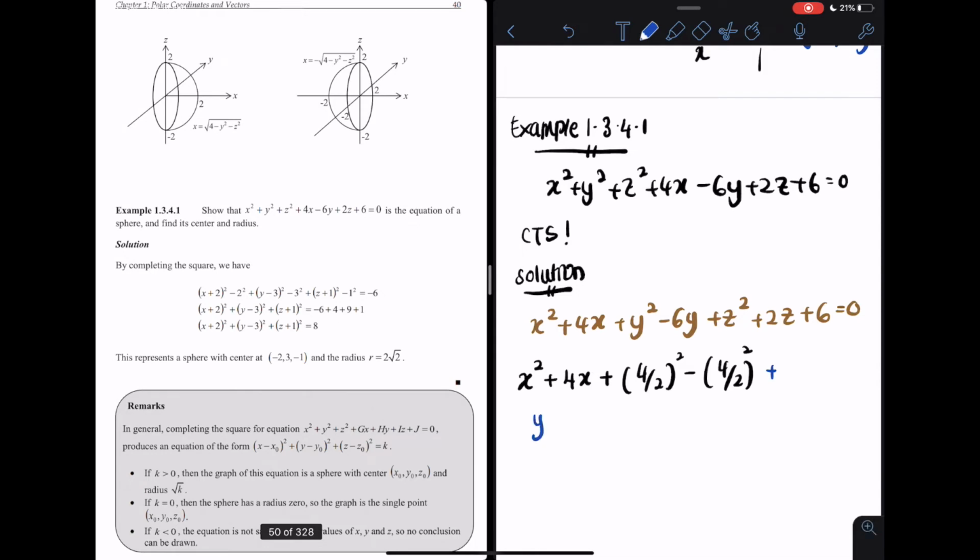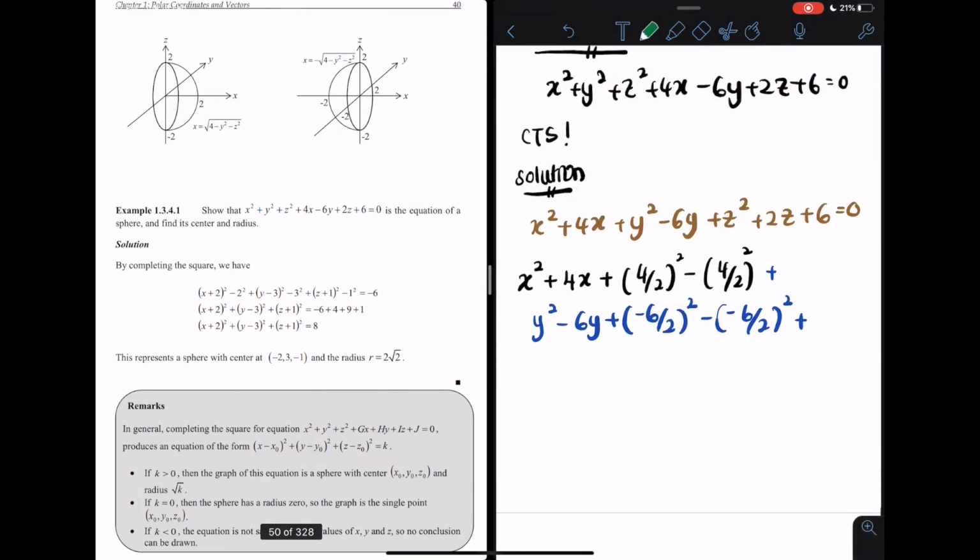I'll get y squared minus 6y plus (negative 6 over 2) squared minus (6 over 2) squared. Then I will complete the square for variable z. I will get z squared plus 2z plus (2 divided by 2) squared minus (2 over 2) squared plus, don't forget, 6 equal to 0.